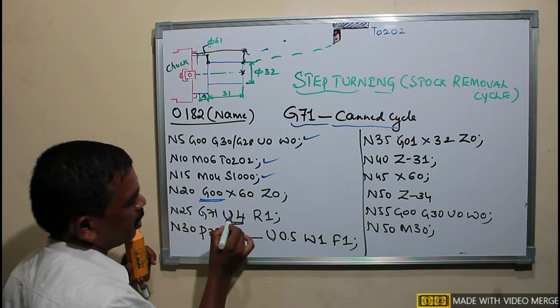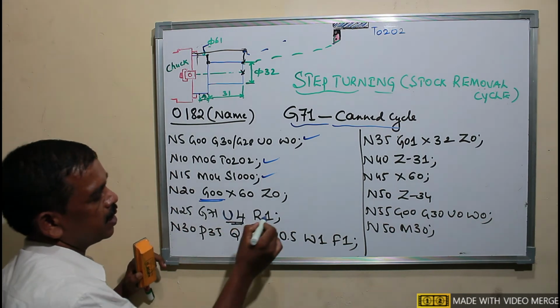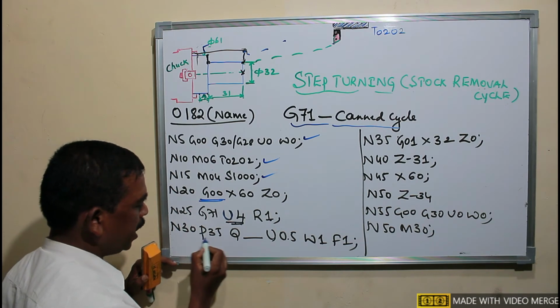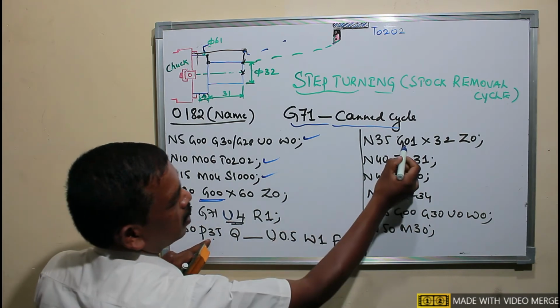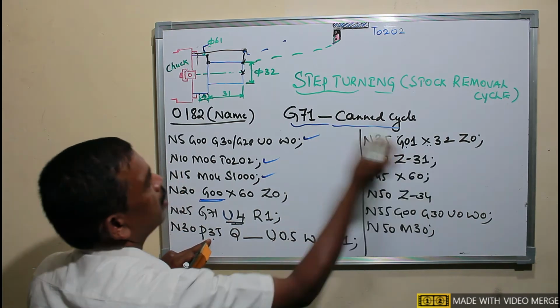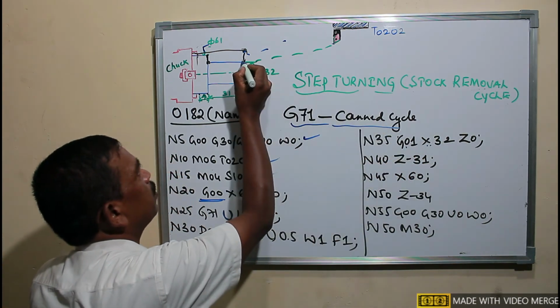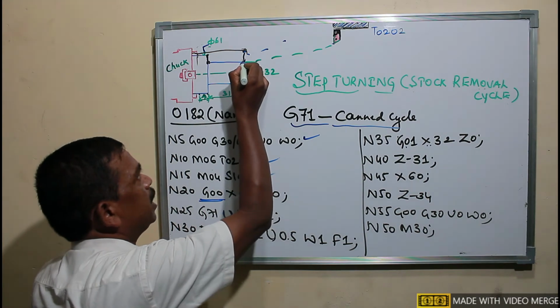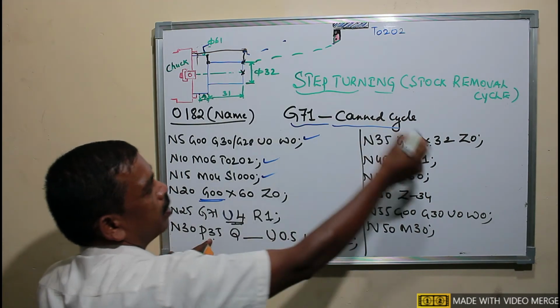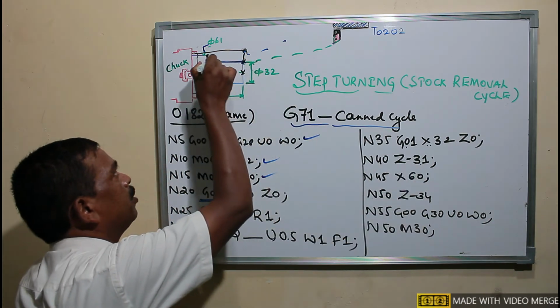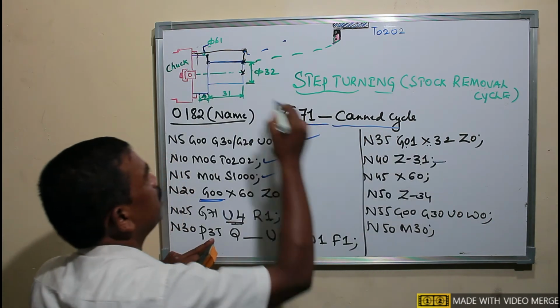This is the depth of cut along x-axis, and this is retract, and then this P is 35 because the contour is starting from here. G01, X32, Z0, the shape of this is this one, and the tool will move from here to here, that is Z minus 31.